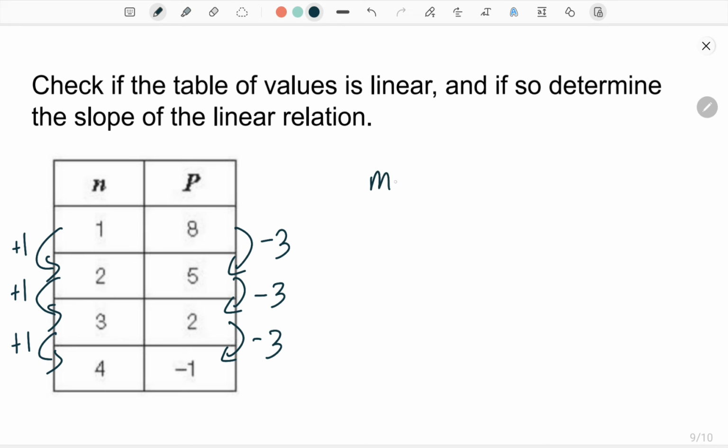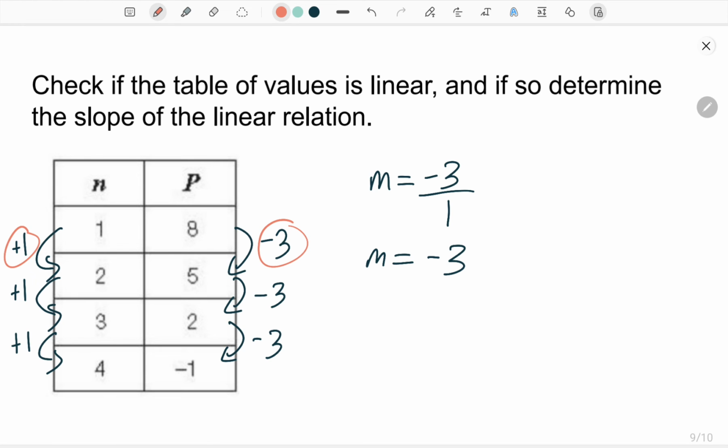And so then if we're doing the slope, it's the change in the y column, so the -3, over the change in the x column, which is just 1. Or you could just write that as -3, because dividing by 1 doesn't really change anything. So that's a look at the slope of that one.